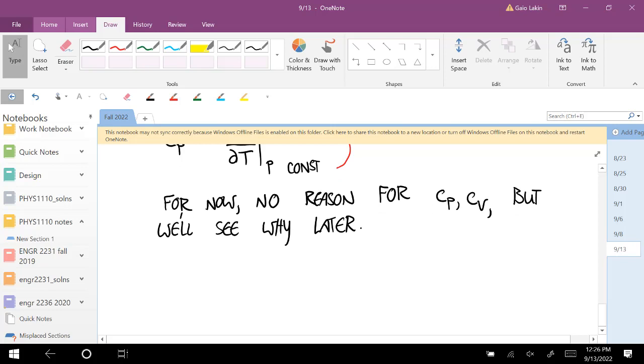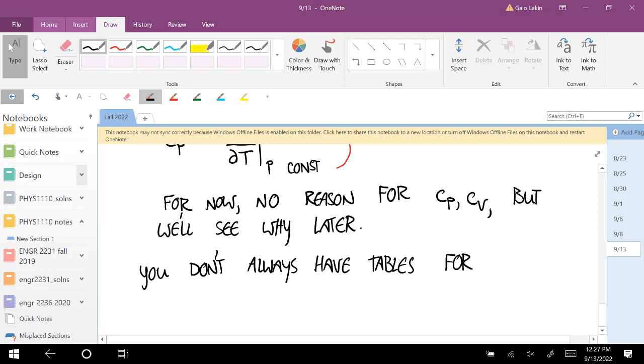Okay, so now you don't always have tables for any material or mixture you want. You don't always have tables for the material or mixture that's desired.